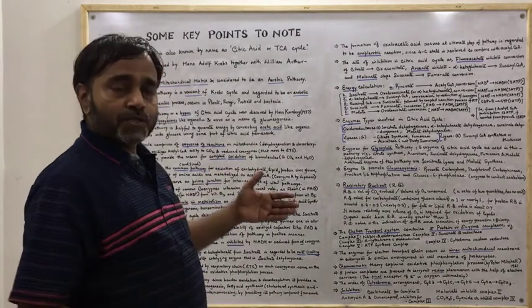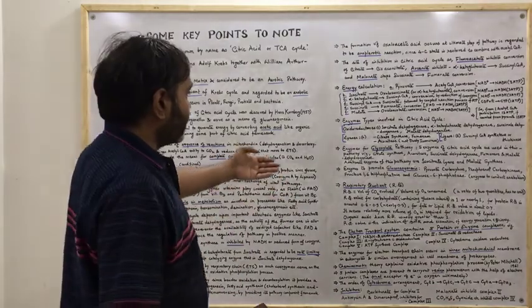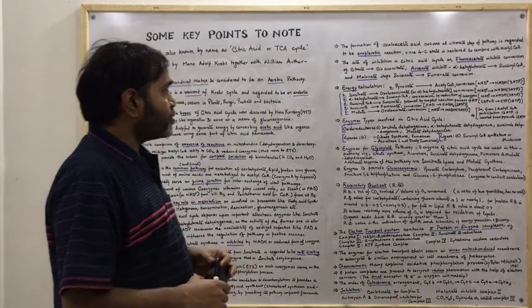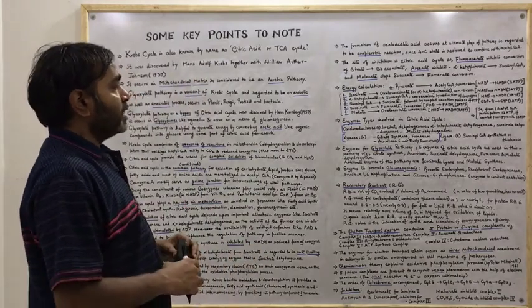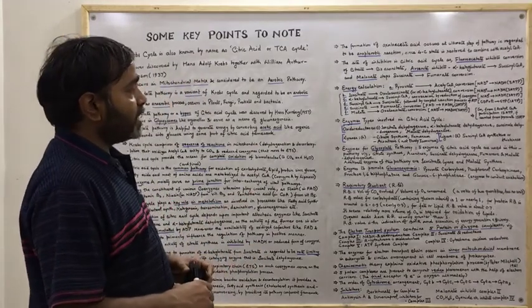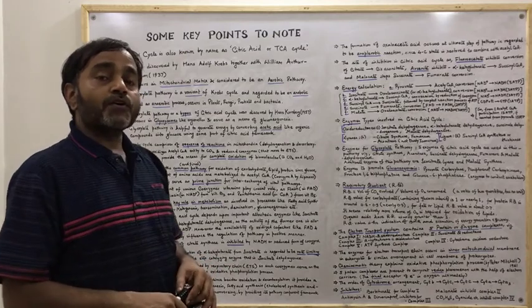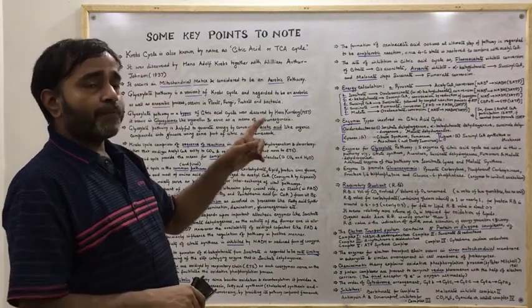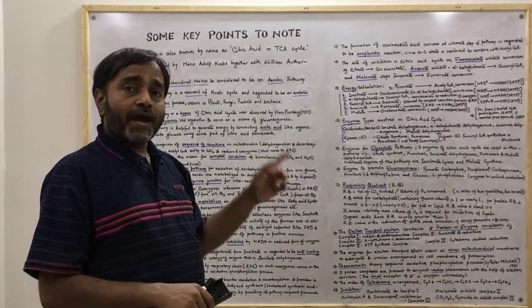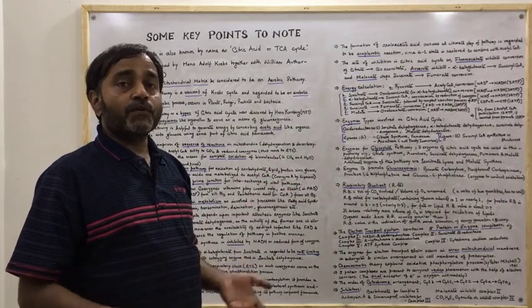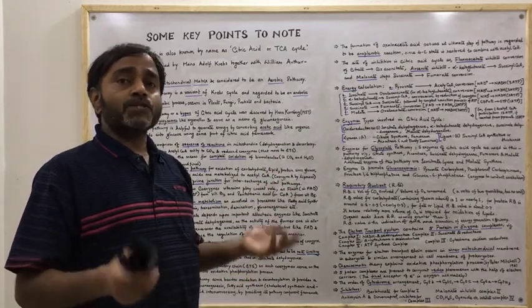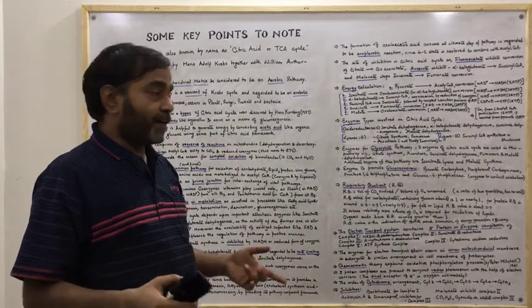Now regarding the process of gluconeogenesis that I have written here, the enzymes to promote gluconeogenesis are pyruvate carboxylase and phosphoenolpyruvate carboxykinase. These are the 2 important enzymes required for gluconeogenesis, that is the formation of glucose from sources which are not carbohydrate.